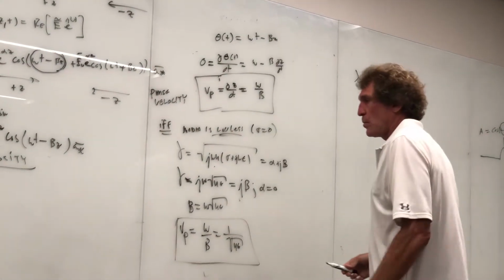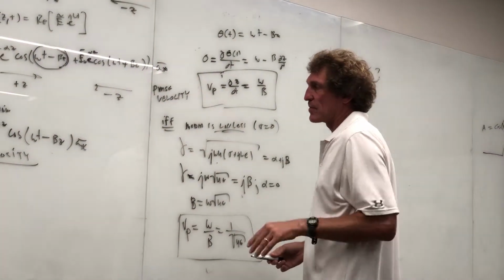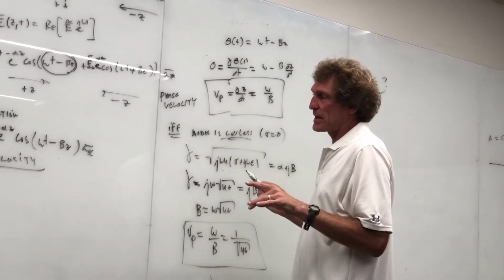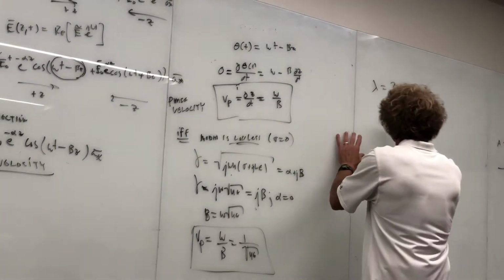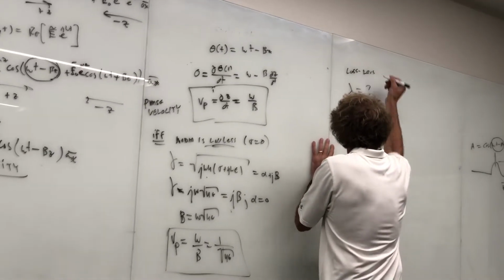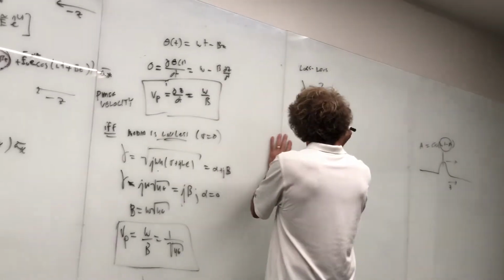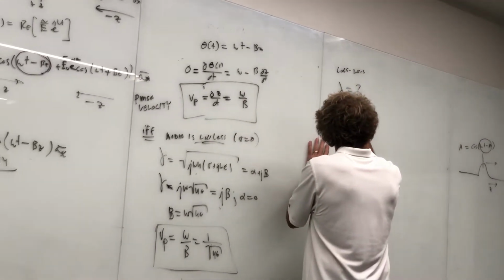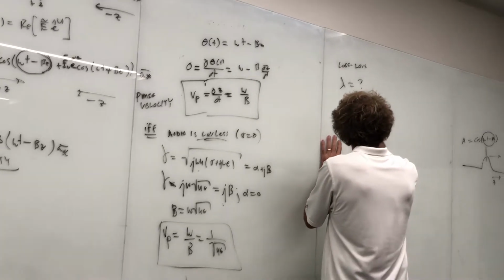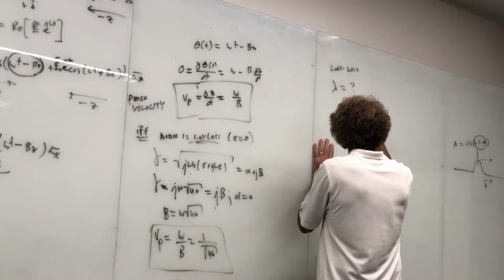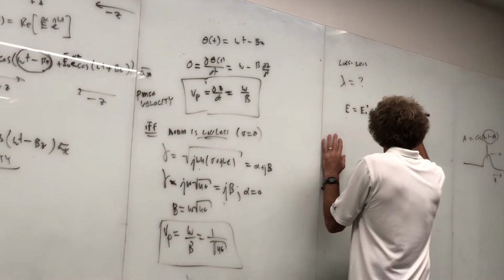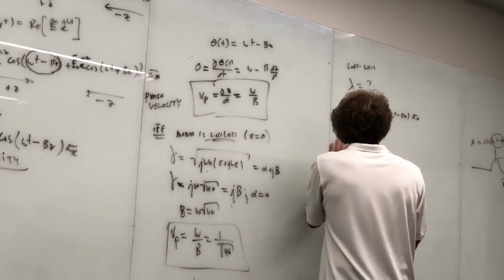And we can do this for a lossless and a lossy case, but I think right now we're going to stick with lossless. Well, in general, if you look at this, we have E for the lossless case, and we're looking at the wave traveling in the positive z direction. That's E0 plus cosine of omega t minus beta z, and the a_x direction can be put down.